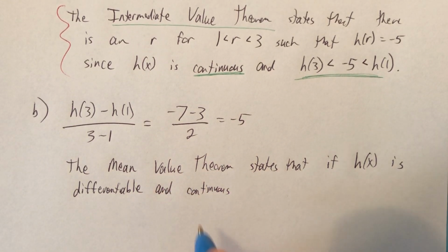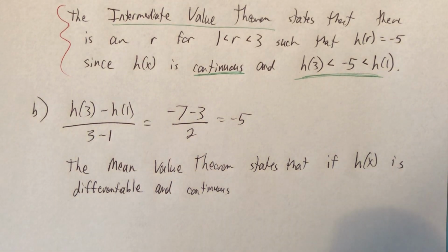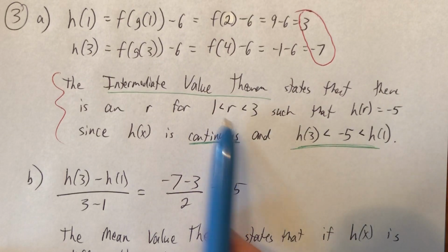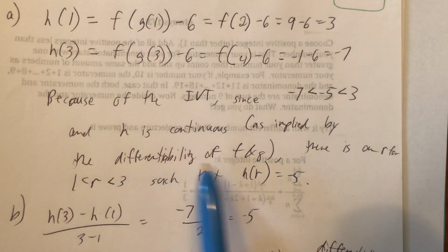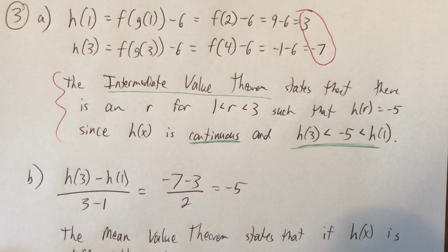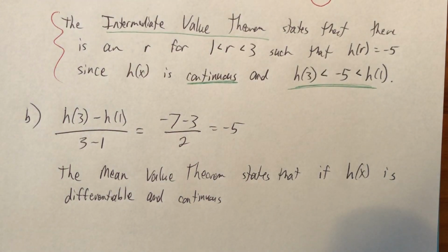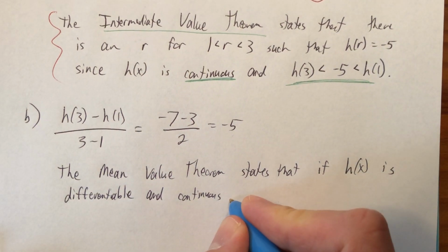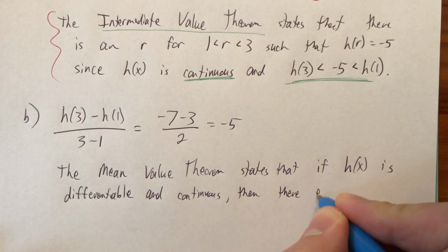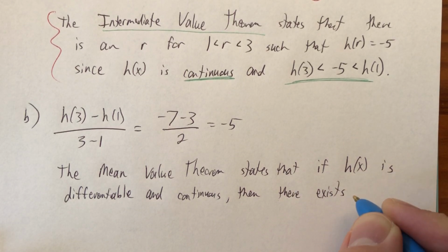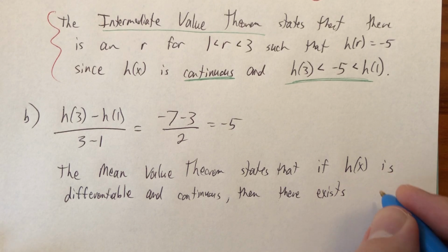If I can tell you it's differentiable, then I know it's continuous, but they put both on their answer key, so maybe you just could be thorough, which is what I did originally up here when I put it's implied by the differentiability of f and g. Being thorough does not hurt. Is differentiable and continuous, then there exists a c.